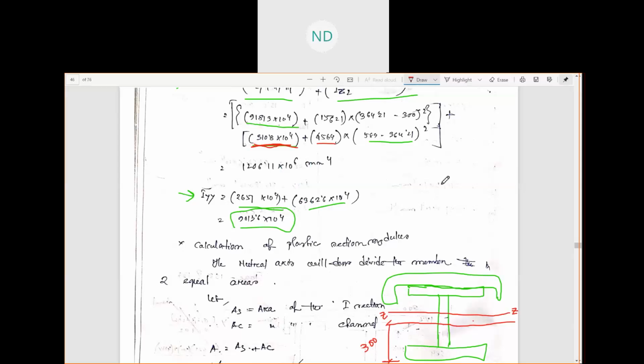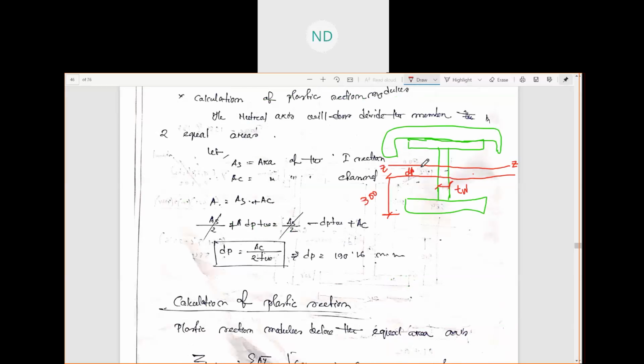This axis divides the entire member equally, the same area at the top and at the bottom. So this distance from the CG of the I section is dp.